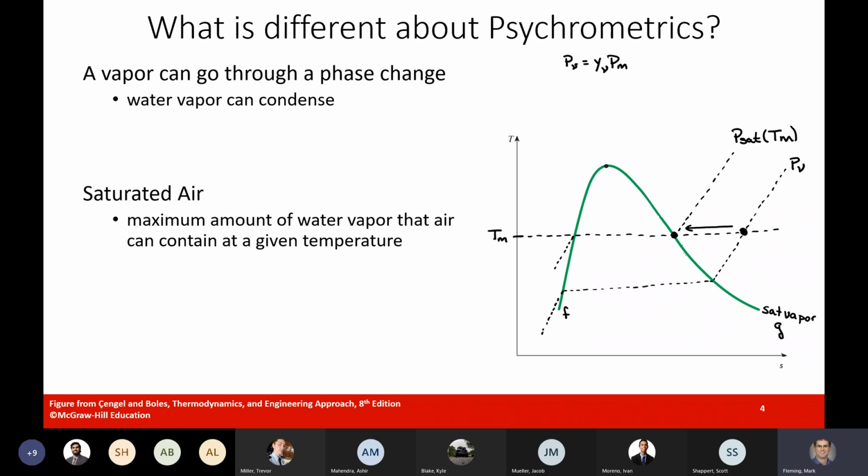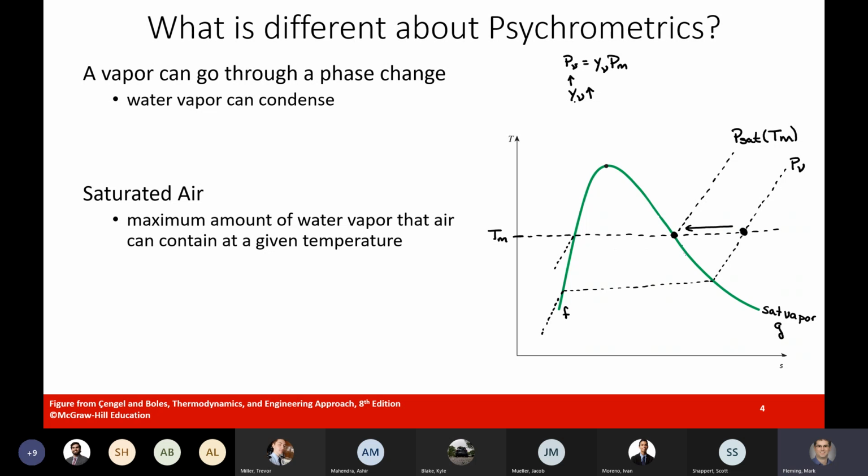It stays about 1 atmosphere. So if we keep the mixture pressure constant and we want to increase the partial pressure of our vapor, this value we want to go up. And so that means to do that, we have to also increase the mole fraction of our water vapor.